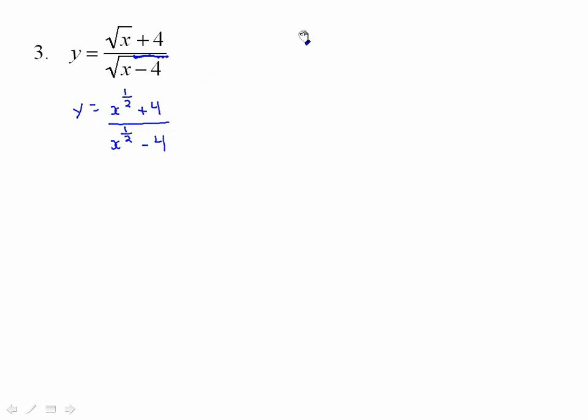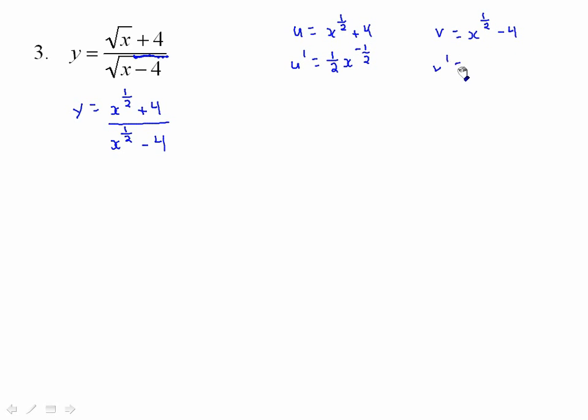And then our u is equal to x to the 1/2 plus 4. So u prime, take the derivative of x to the 1/2, we get 1/2 x to the negative 1/2. And then v is equal to x to the 1/2 minus 4.